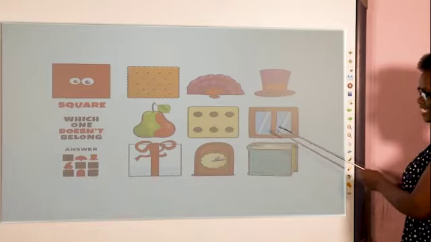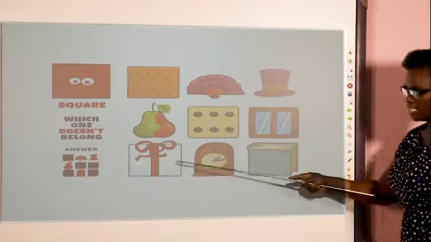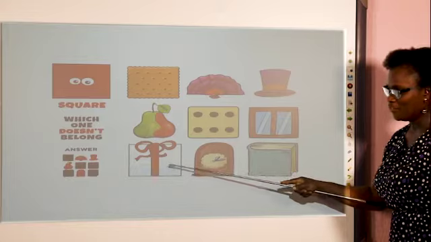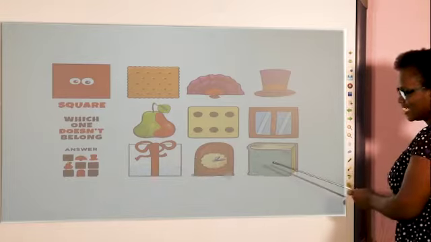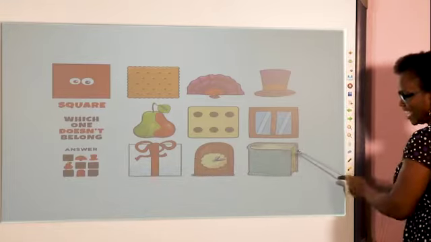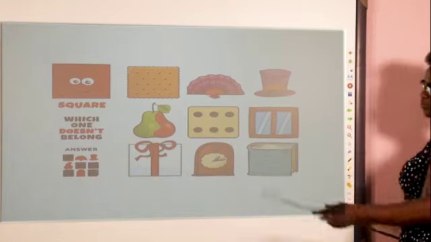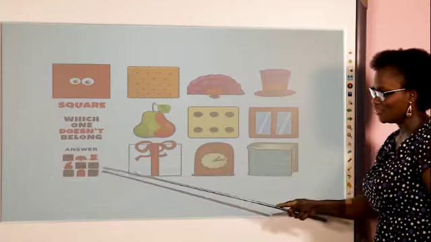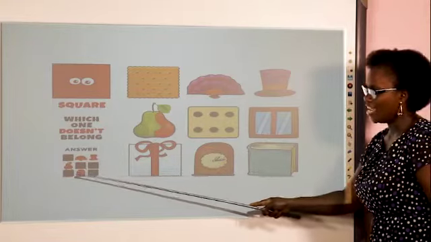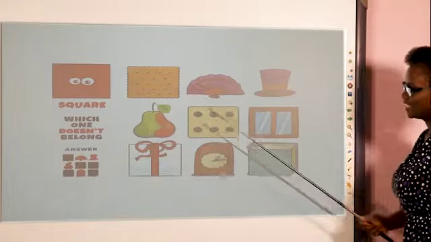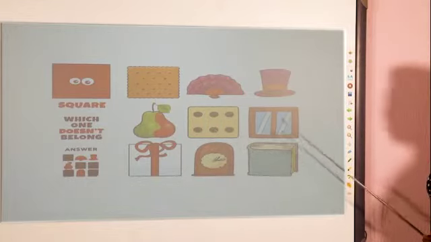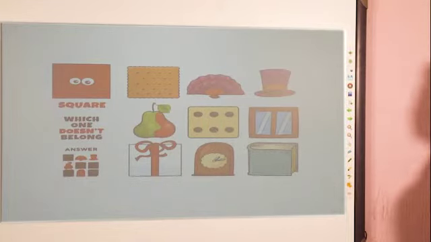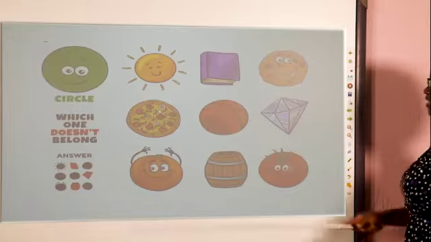What about this? Yes. Is this a square? Beautiful. And this? Just look at the flat shape here. Yes, it's a square. So how many squares do we have? Let's count. 1, 2, 3, 4, 5. See it here? 1, 2, 3, 4, 5 squares. Beautiful. Let's move on to the next shape.